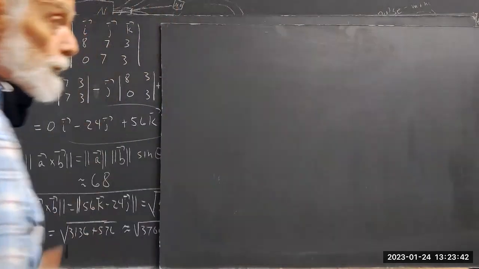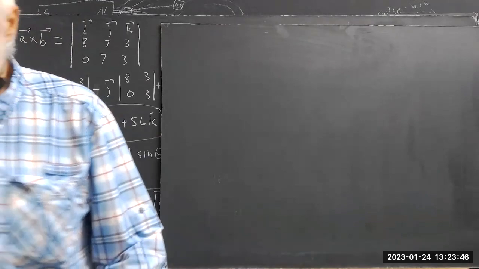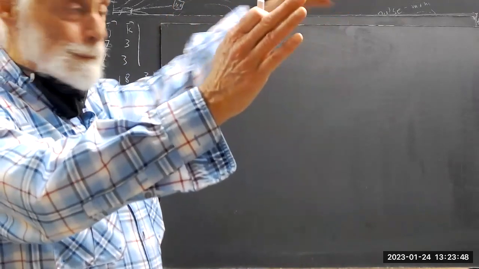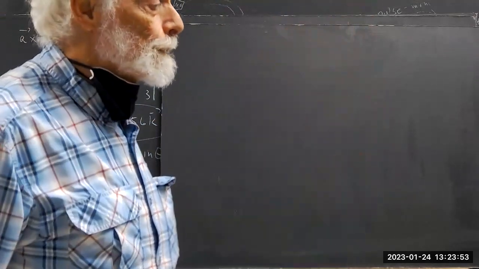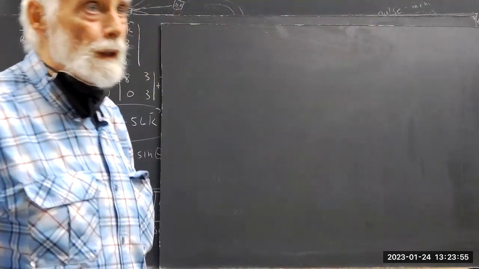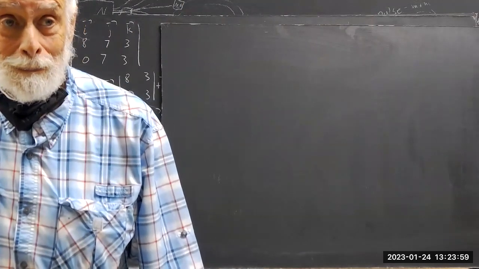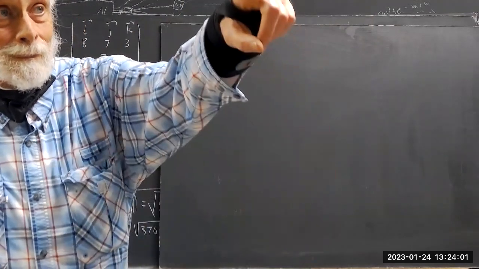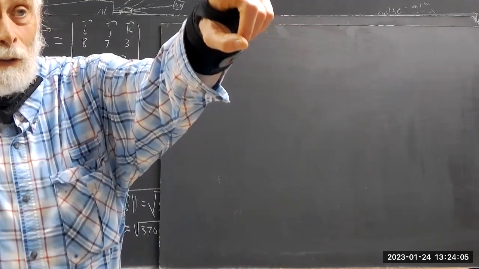What the heck? I'm going to use these vectors now. Okay, look. We got this vector and we got that vector, right? That's two vectors. That's one vertex of a parallelogram. That's another. Where's another vertex?